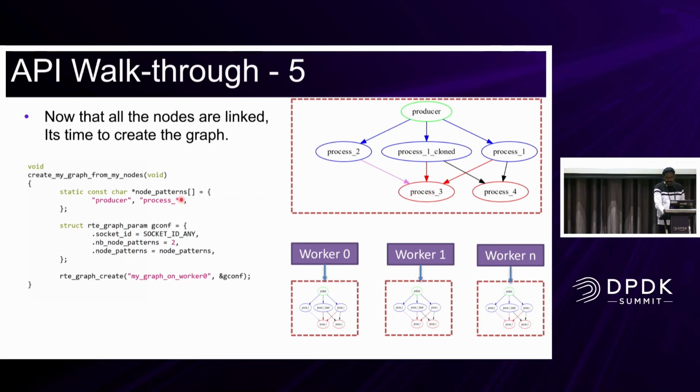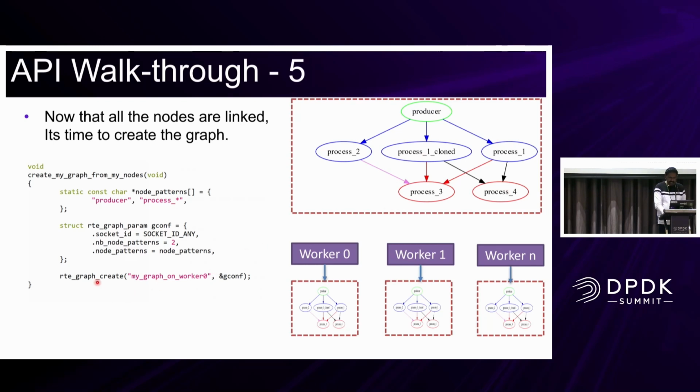Even if you don't give regex star and just give process 2, it pulls in process 3 also, because it's linked at one point. So graph create will go through all the edges, pull them in and create a graph.